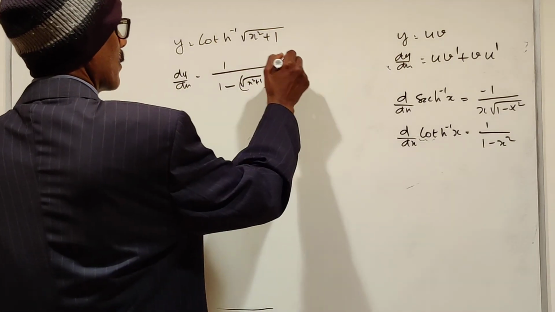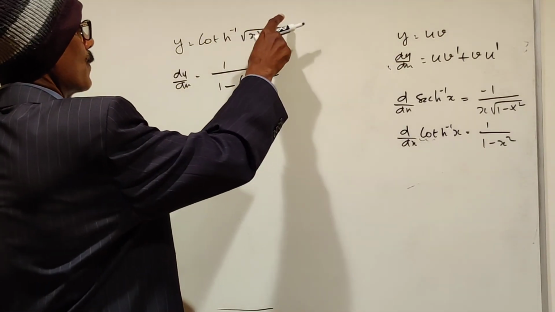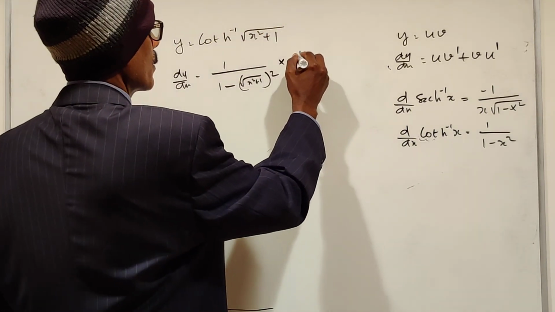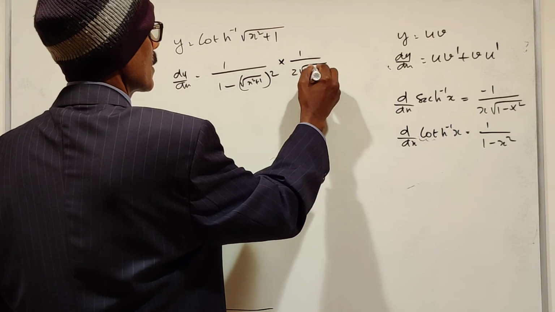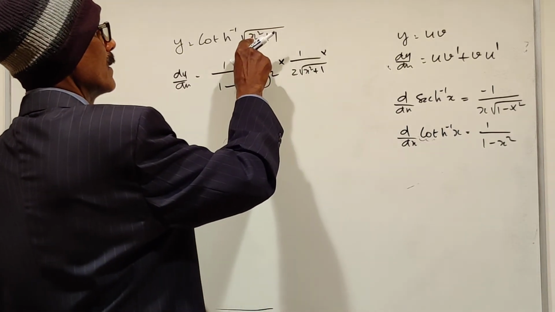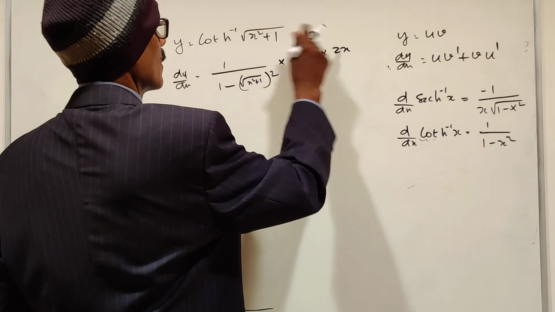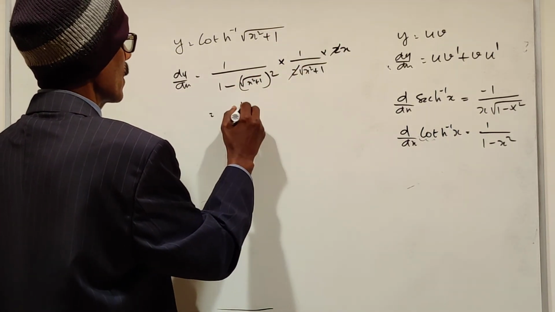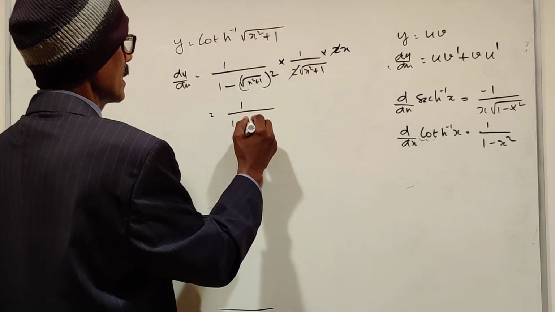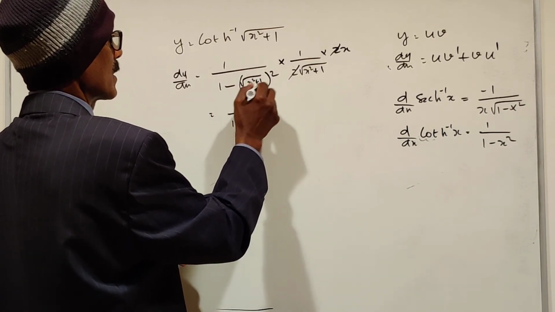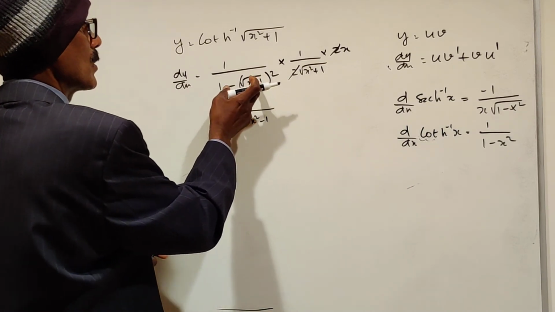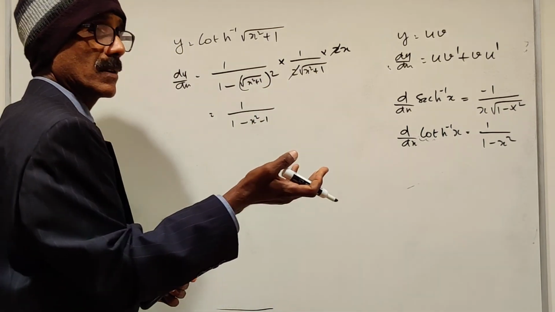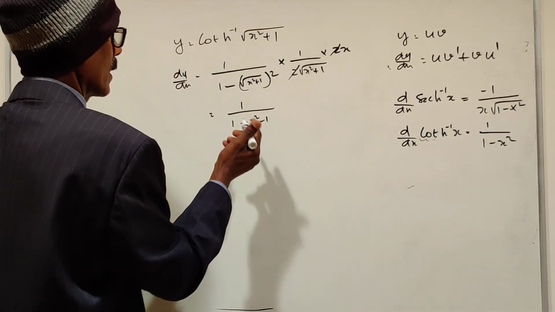Okay. Then apply the chain rule. What is the derivative of square root of u? 1 by 2 root u. 1 by 2 root x square plus 1. Then again derivative of x square is 2x plus 0. The 2s cancel out. So here 1 by 1 minus x square minus 1. When you square the square root, we don't need to write the square root again.